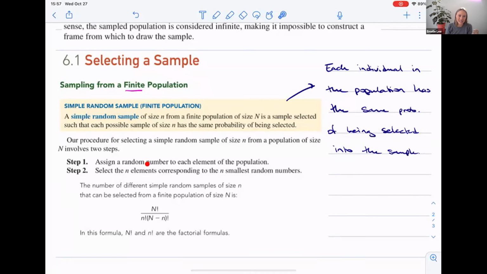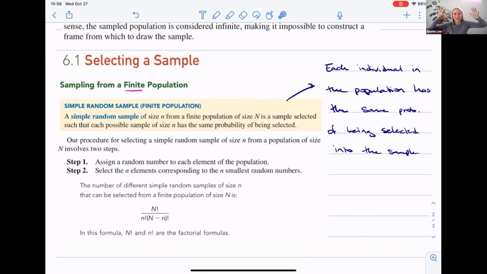So what you would do beside each element or individual in your spreadsheet is assign them a random number, right? That spreadsheet could be organized by student number, or by last name, or something entirely different. So the initial list is allowed to be organized. Then when you assign a random number to it, you could sort it from smallest to largest, pick the first n, right?